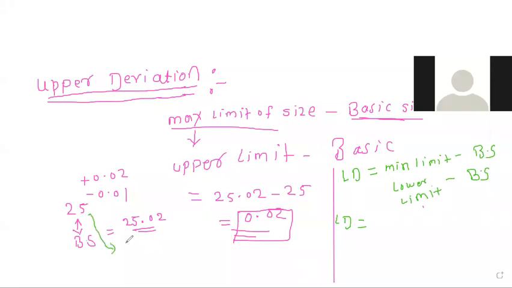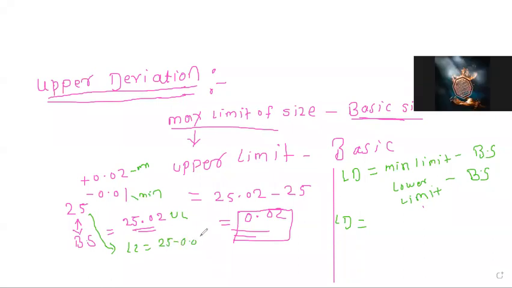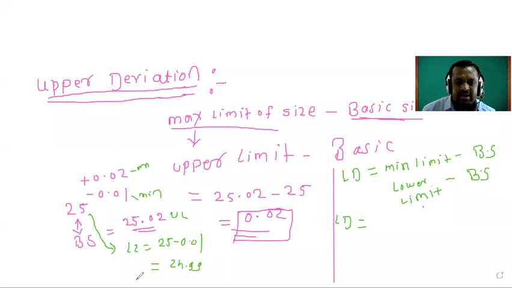See, this is the maximum limit of size and this is the minimum limit of size. I have calculated the upper limit, and the lower limit is 25 minus 0.01, which will be 24.99.